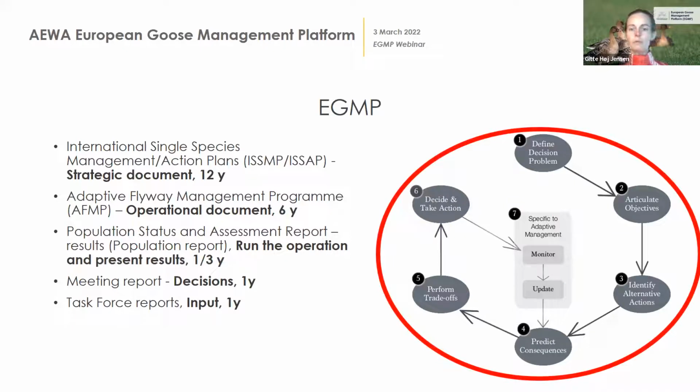And we have one more important report, and that's the task force report, because as Eva also mentioned, the task forces for each species and the agricultural one as well provide input to the whole process. It's like they are the oil in the process, which makes it run as smoothly as possible and provides input for how we can improve things.